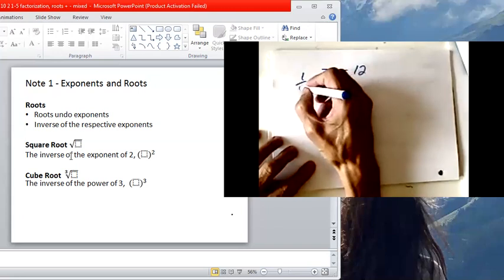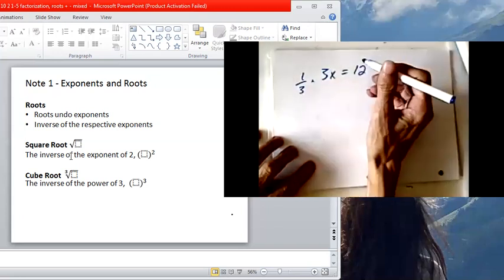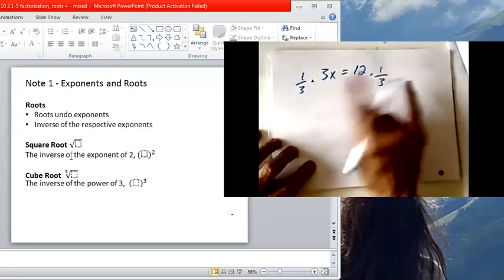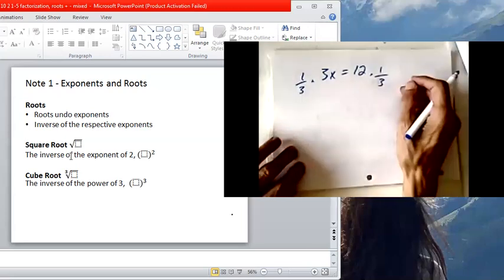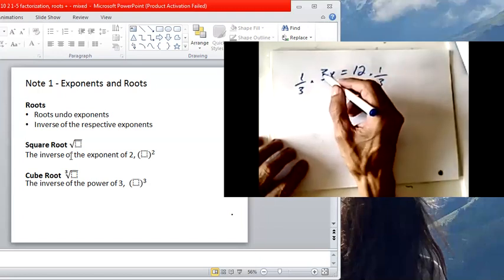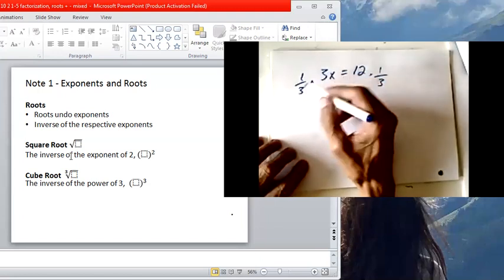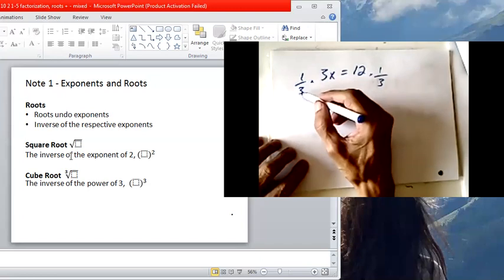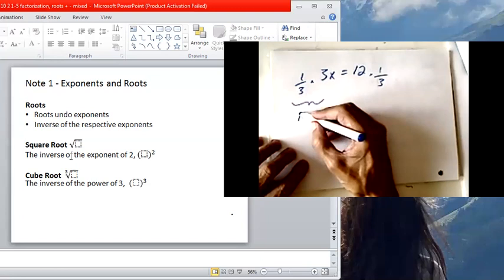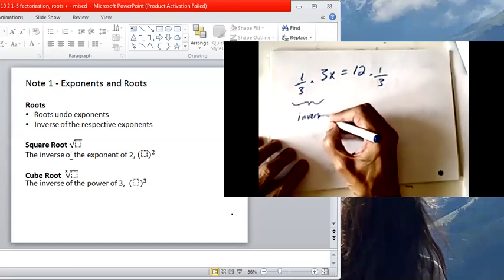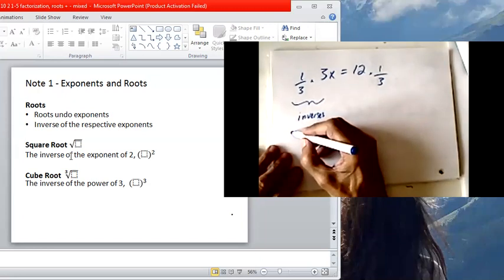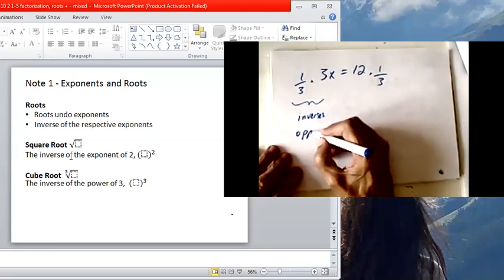Or check this out. What you can do is multiply by 1 over 3. What you do to one side, you do to the other, of course, to keep things equal. Now, the 3 in front here will be divided out by the 3 on the bottom here. You can think of them as inverses of one another. Inverse is like the math word for opposites.